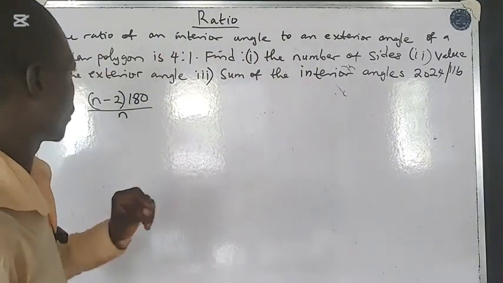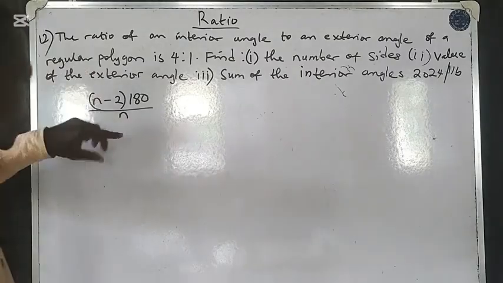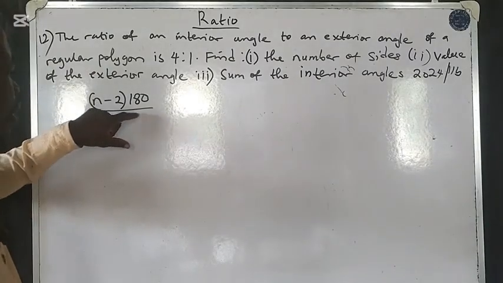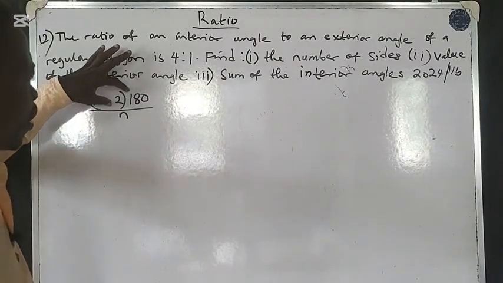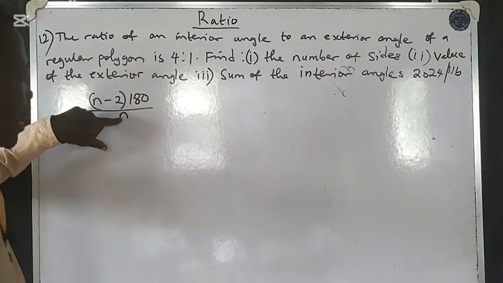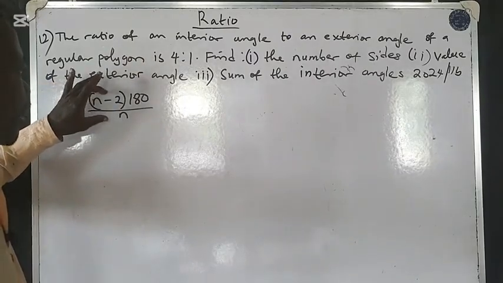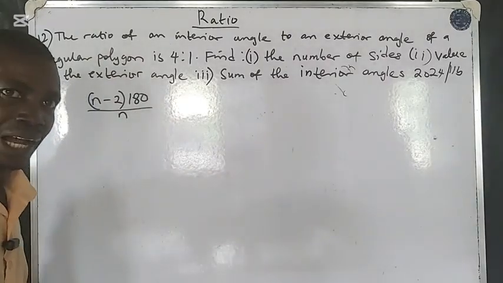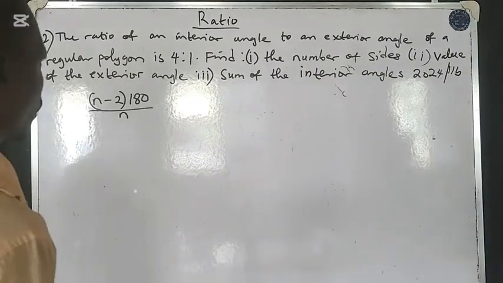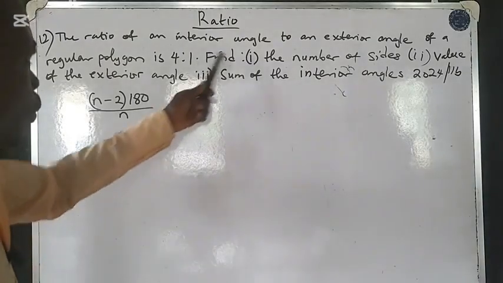So if it's a single angle, we will put n at the formula for the sum of all the interior angles. When you put n under it, it changes from the formula for the sum of the interior angles to an interior angle. And this is the ratio.